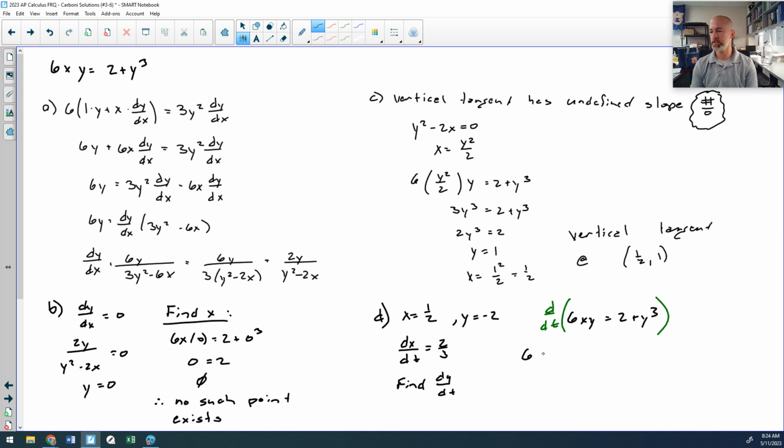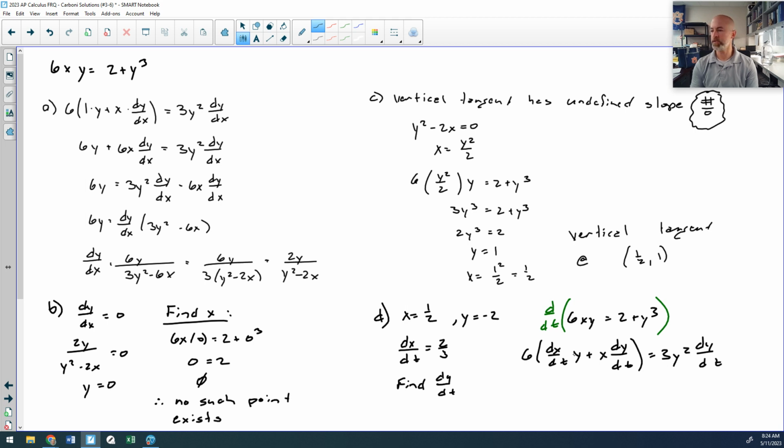I'm going to ignore the 6. The derivative of x will be dx dt, leave the y alone, plus x times the derivative of y. Remember, we are doing the derivative with respect to t, so everything gets that implicit treatment. 2 will zero out as we differentiate it. y cubed becomes 3y squared dy dt.